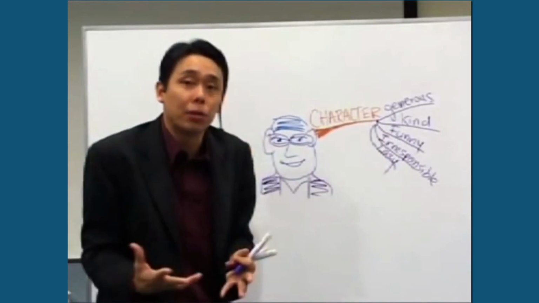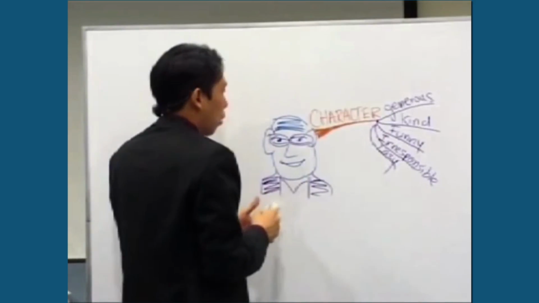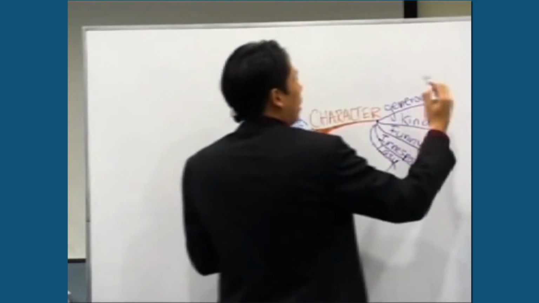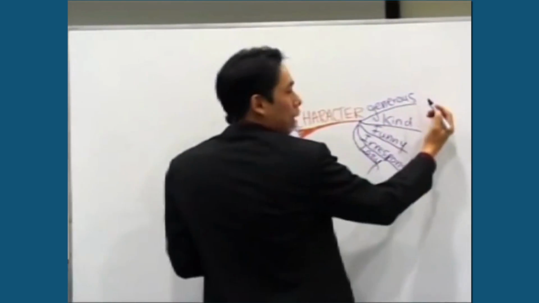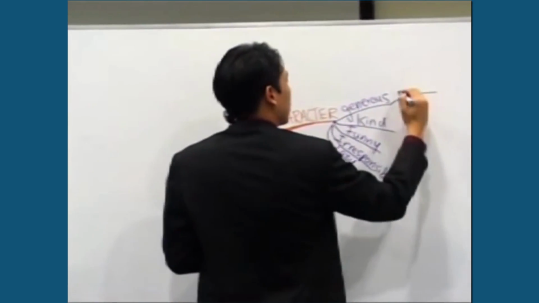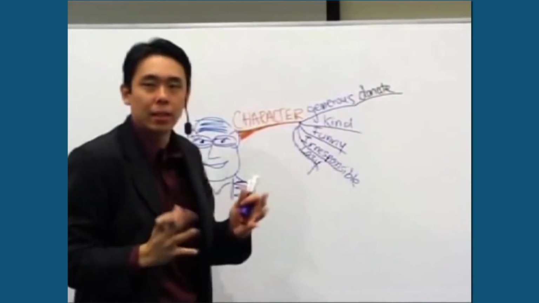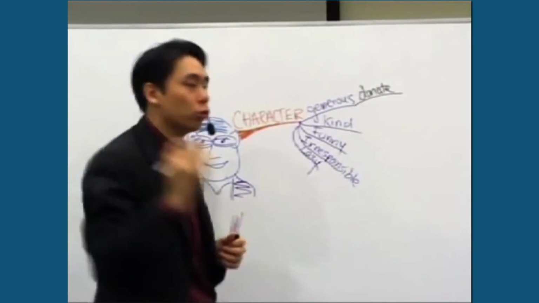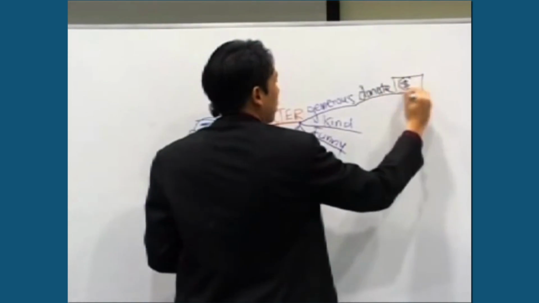We can give examples, details of how he's generous. So for example, under generous, we could further branch out and say that he donates money to the old folks home. Alright? So let me write it down. Donates. Now again, instead of using the word money, whenever you can use a symbol or picture, do so. So instead of writing the word money, I'll put down this.